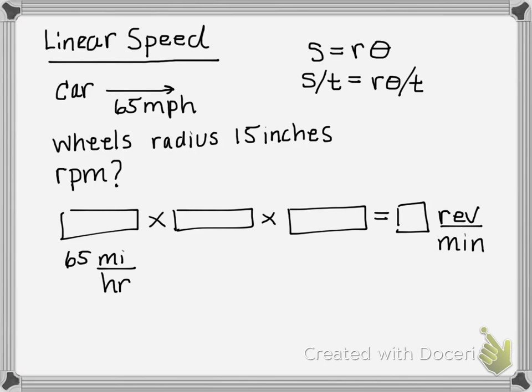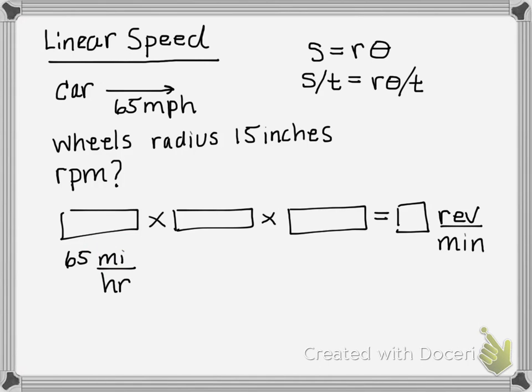See, I've got hours here in the denominator, and I'm going to be able to get hours converted to minutes, right? And then the miles kind of need to get converted to revolutions. I guess they do need to get converted to revolutions.